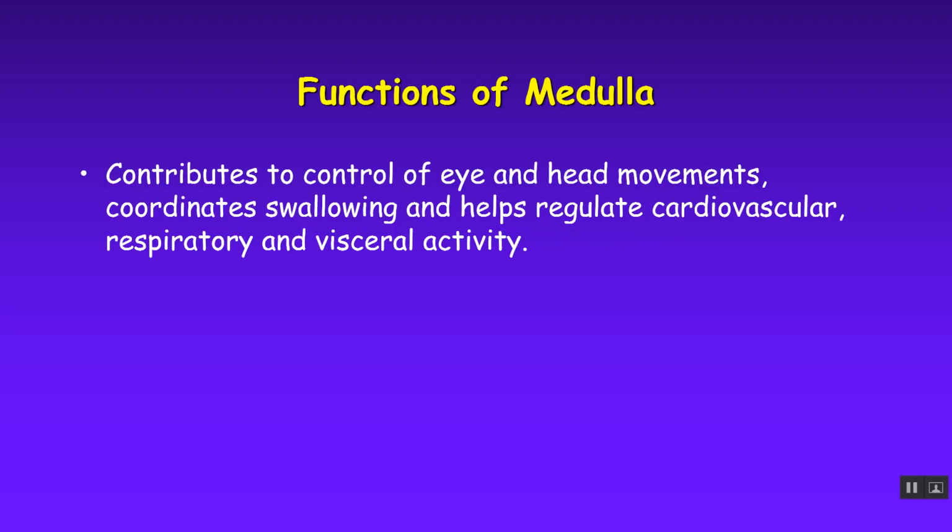So let's go through. Again, it's always good before you get into the details to know the basic function, what's going on in this region. So let's just step back for a second. Medulla, lower part of the brainstem. What happens there? It contributes to control of eye and head movements, helping sync those up, so neck muscles and those kinds of things.